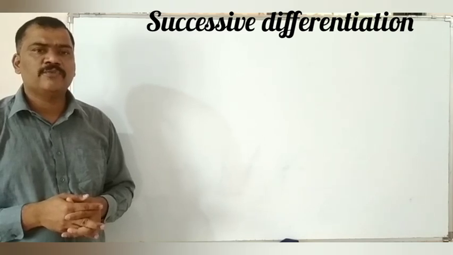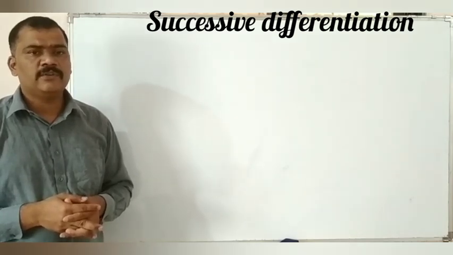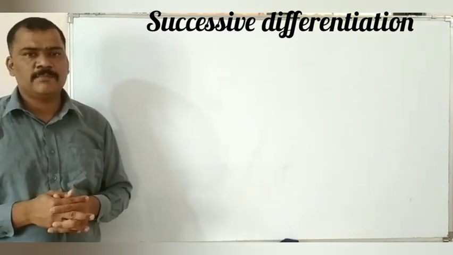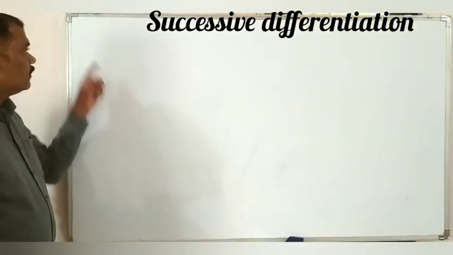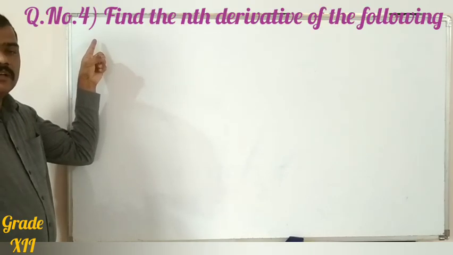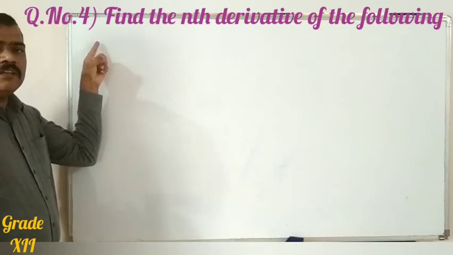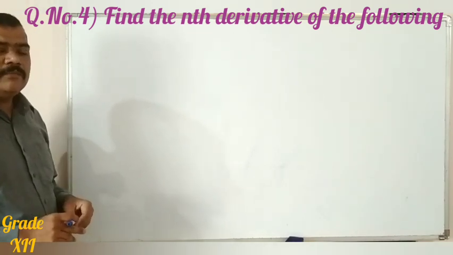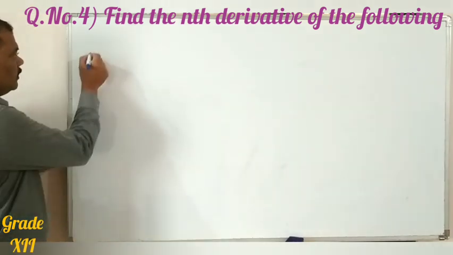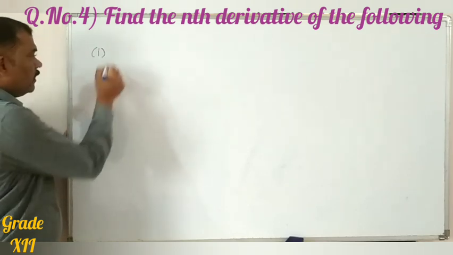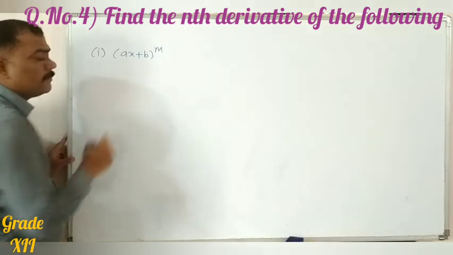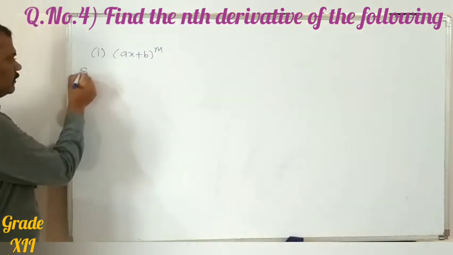Question number 4 is to find the nth order derivative of the following. What is the first example? The first example is (ax plus b) raised to m. Okay, solution.